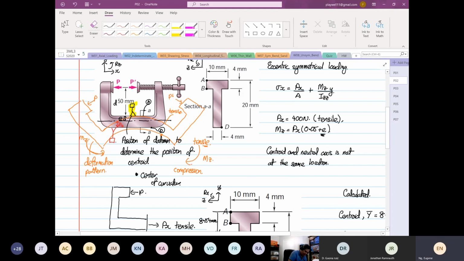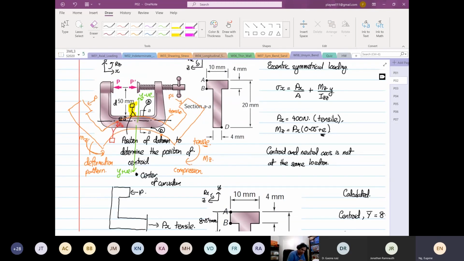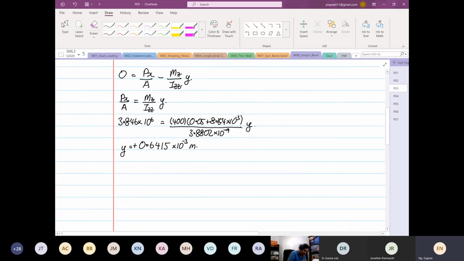In this direction that I'll show you over here, Y is positive, and in the opposite direction from the center of curvature, Y is negative. So from here, based on the center of curvature, we realize that Y positive means Y has been shifted, or the neutral axis is located below the what? Centroid.